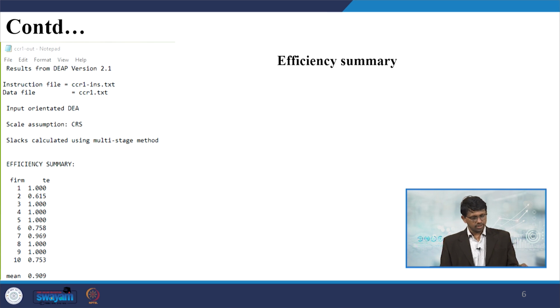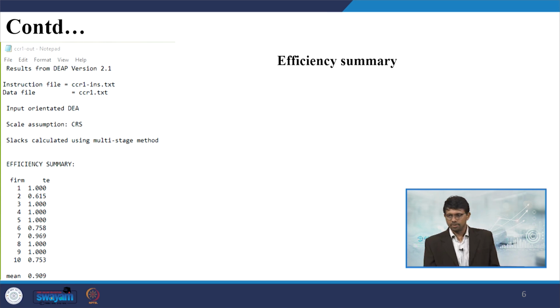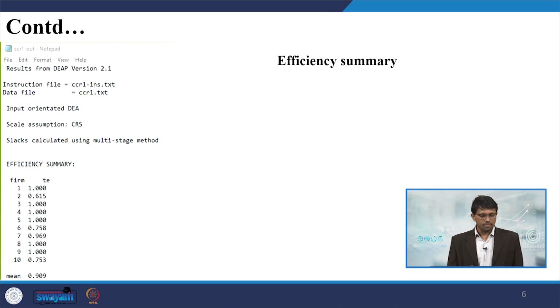Now, just see one thing: the very fundamental result we derive is the efficiency summary. If you remember, we made the file called CCR1-instruction.txt, and the data file is CCR1.txt.